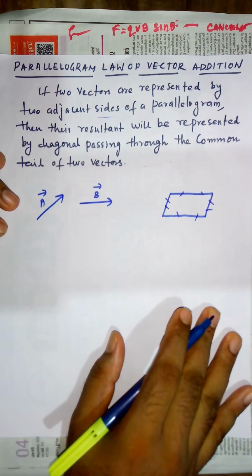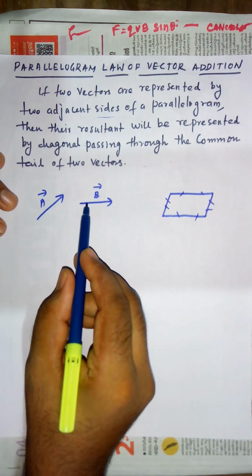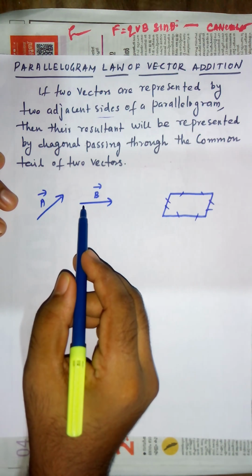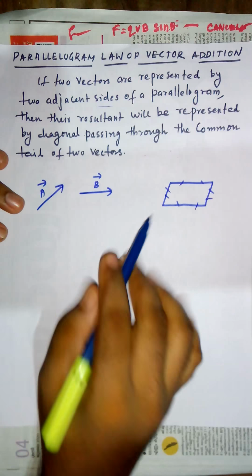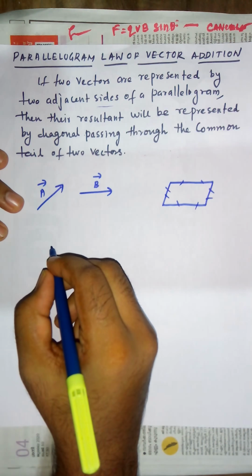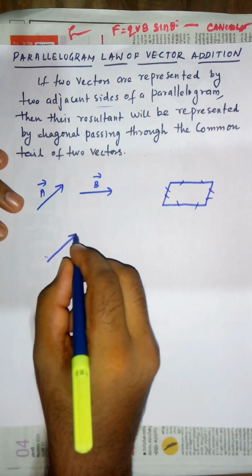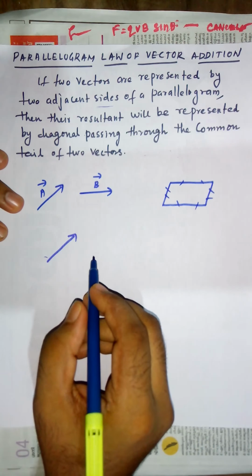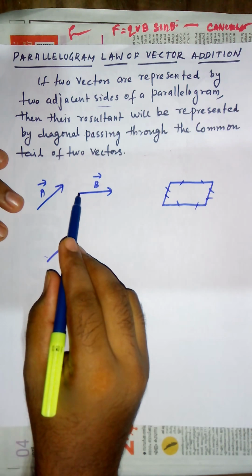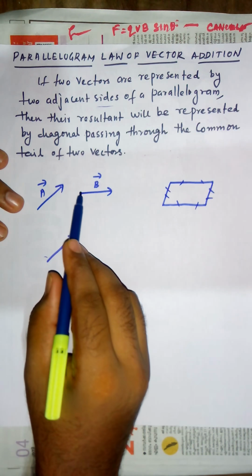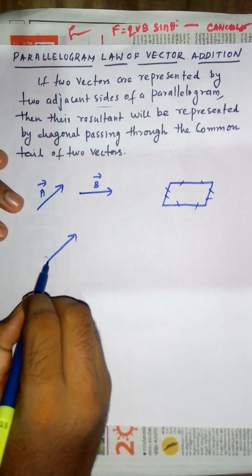Okay, now if I am representing these two vectors a and b as adjacent sides of a parallelogram, how can I represent it? First of all, I am representing vector a, drawing it separately, like this, right? And after that, I am placing the tail of vector b on the tail of vector a.